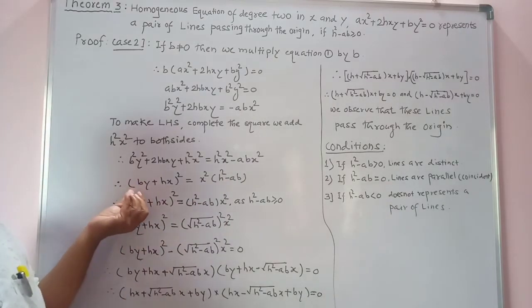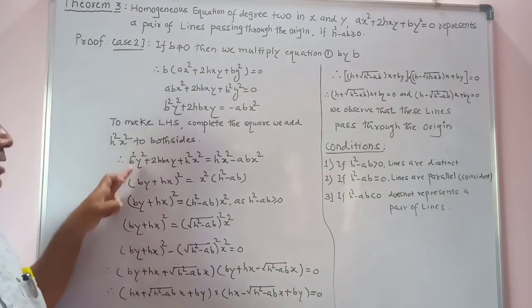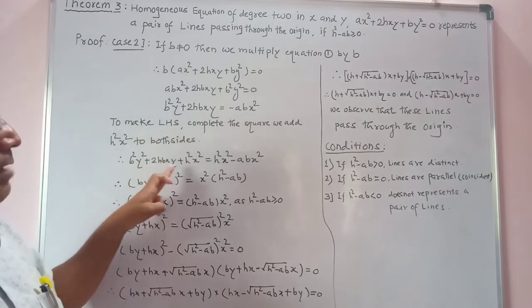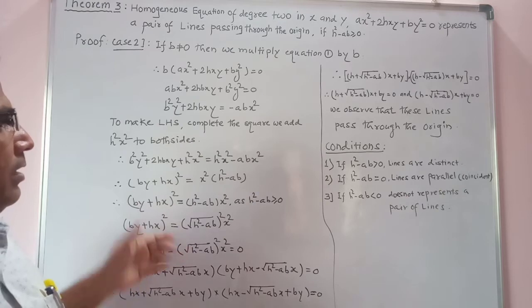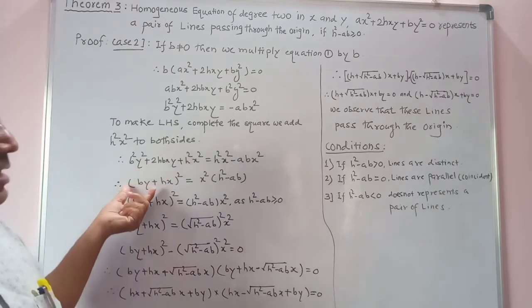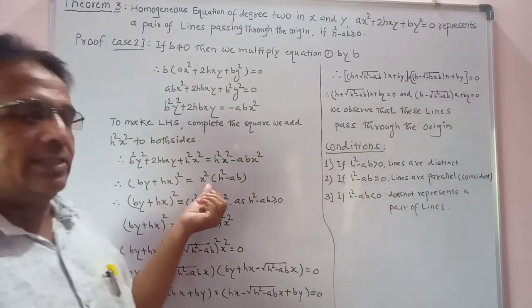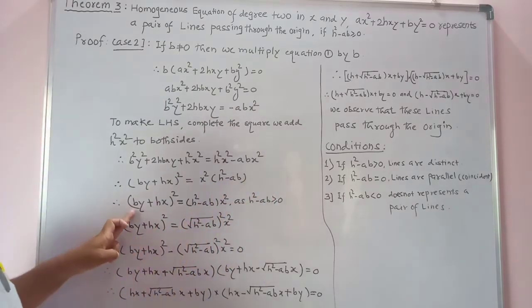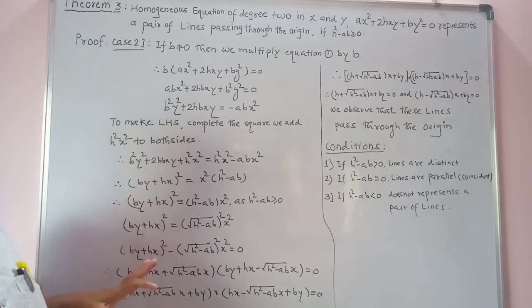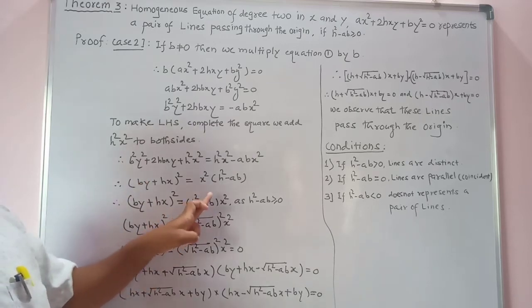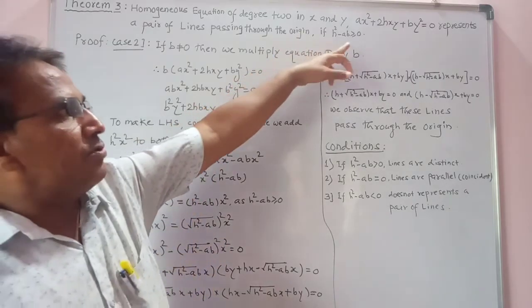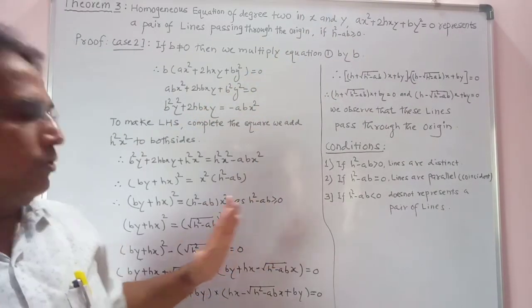Therefore, b square y square plus 2h bxy plus h square x square takes the form (by plus hx) whole square equal to x square into (h square minus ab). As given in the condition, h square minus ab is greater than or equal to 0.